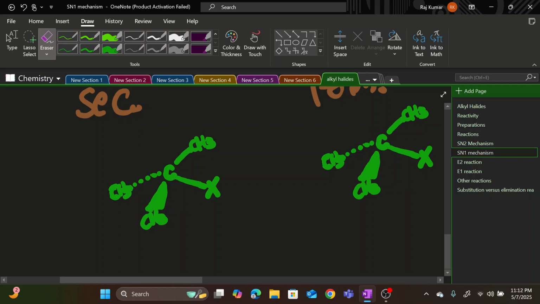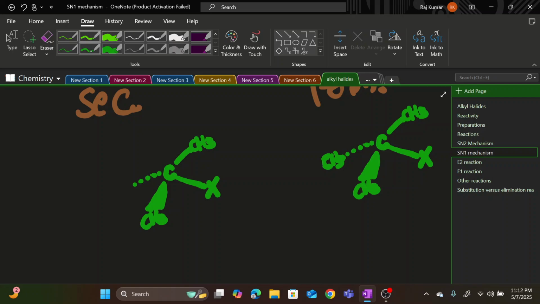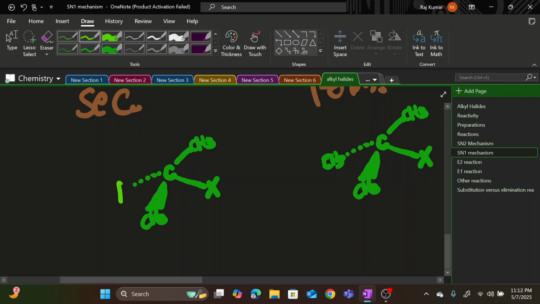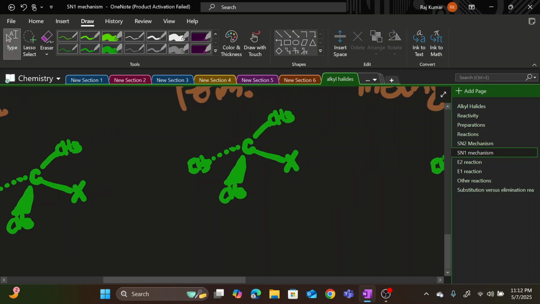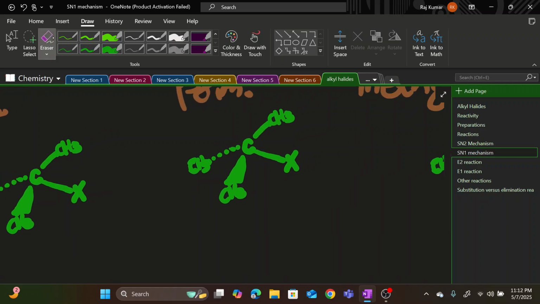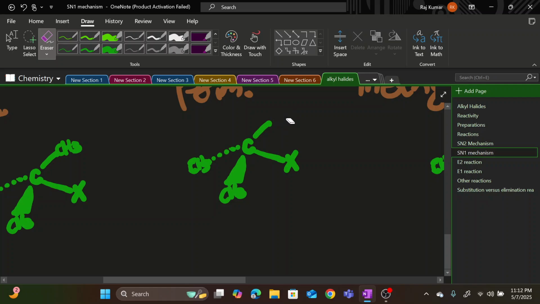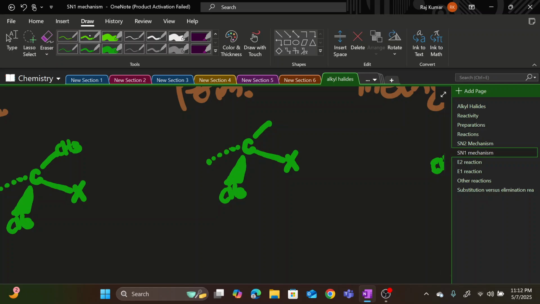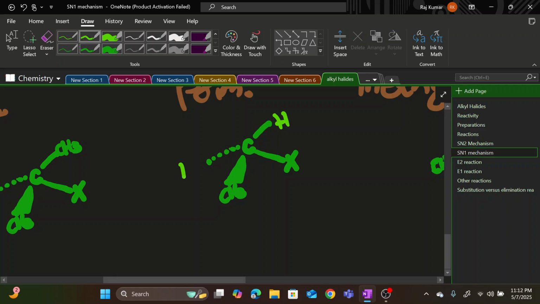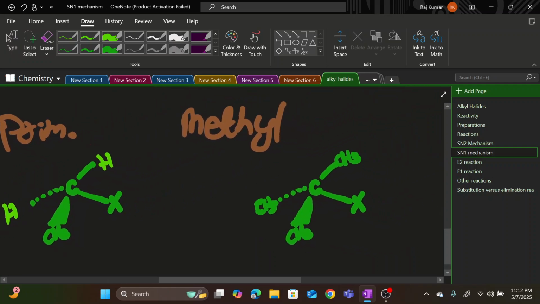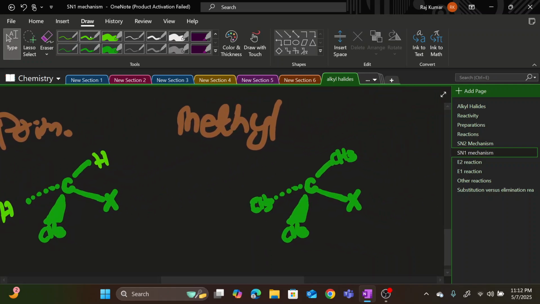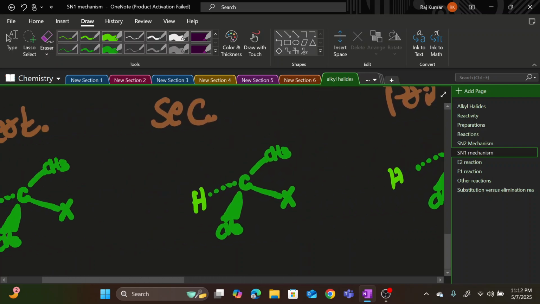In the secondary one, let's remove one more H, and let's remove some here, H, H. And I should remove the halide group as well, because basically it's a carbocation.